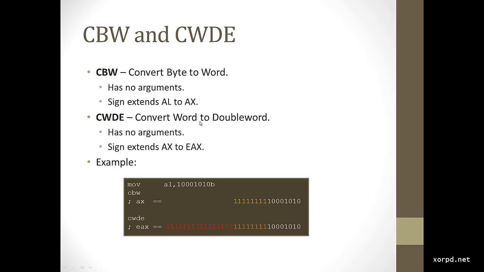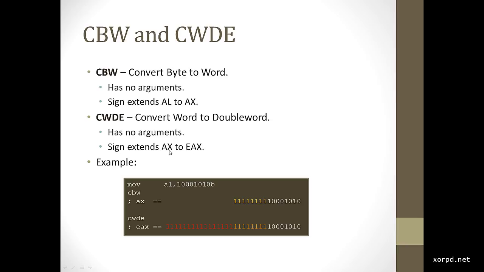Convert word to double word, and the E stands for extension, I think. This instruction has no arguments too, and this one sign extends AX to EAX. So the first instruction extends 8 bits to 16 bits, and this instruction extends 16 bits to 32 bits.